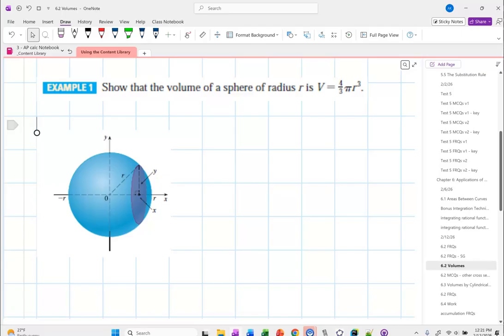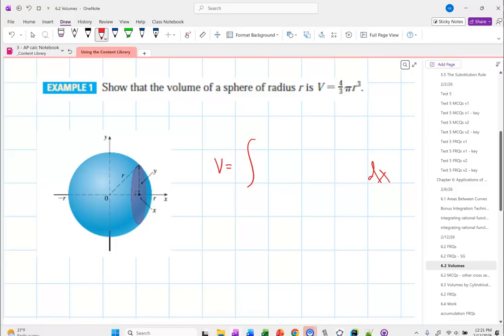I'm going to think about taking my cross-sectional slices along the x-axis. Everybody's okay with that? So in this case, my cross-sectional area is going to depend on x. So when I'm integrating, I'm going to be integrating with respect to x.